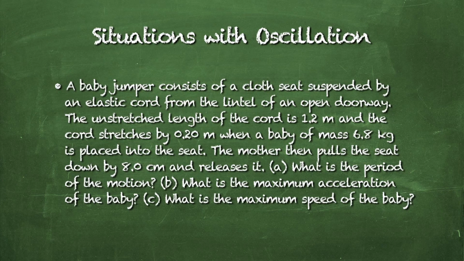The next thing to do is to pull the baby down, and then we can calculate the force on the baby. And then finally, we can calculate the speed of the baby. So go ahead and get that set up. Draw your diagram, list your knowns and unknowns, and then I will guide you through that.